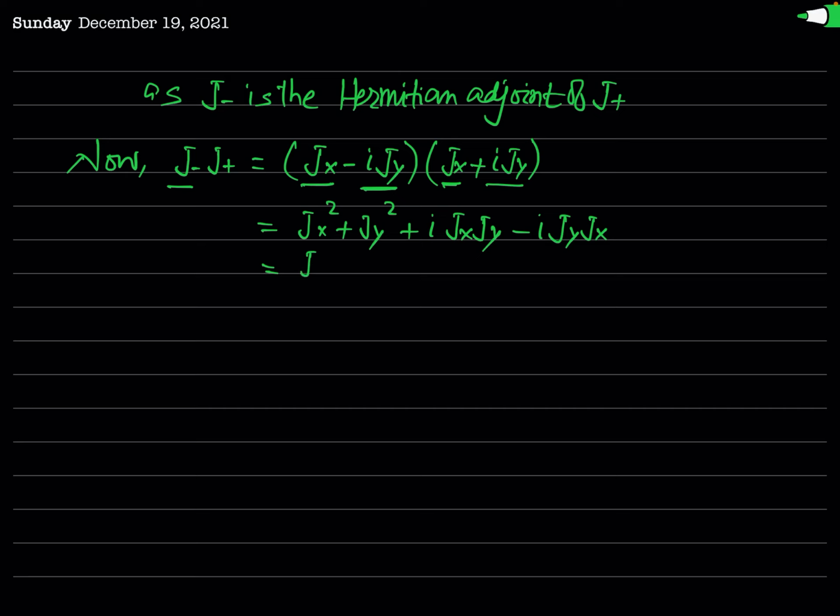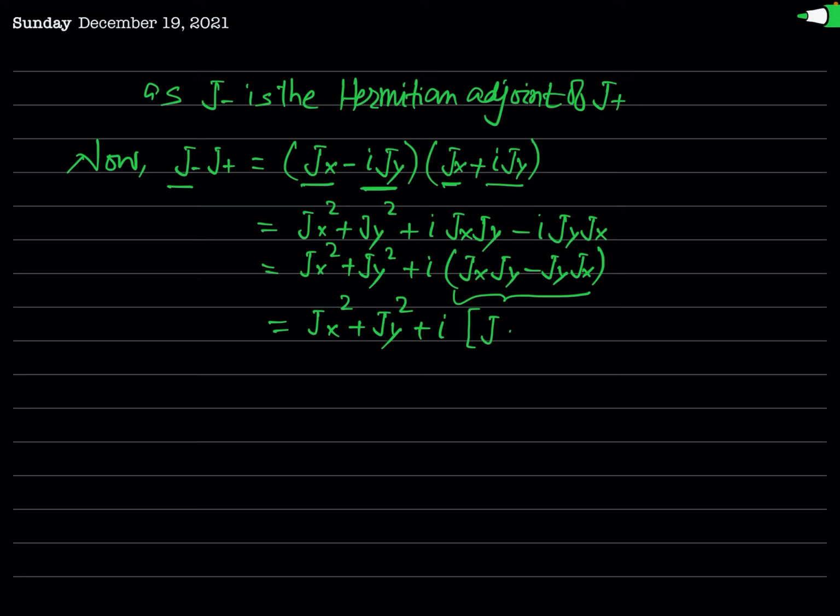Now you can see this can be written as Jx square plus Jy square plus i times Jx Jy minus Jy Jx. And this is simply the commutator of Jx and Jy.